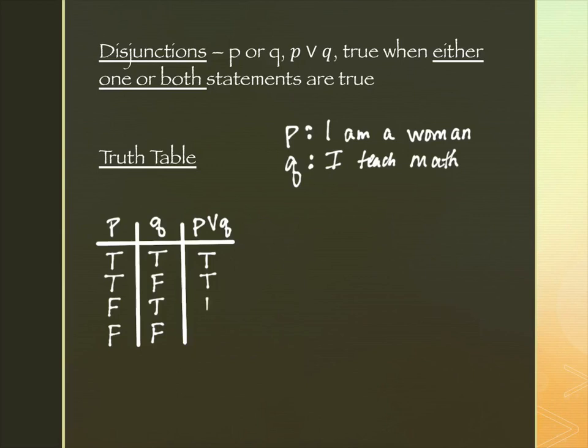But it's a true statement because he does teach math. And if Dr. Thomas walks in and says, I'm a woman or I teach math, it's still false because neither of those statements are true for him. So when we look at an or statement, we get a lot of T's that come out of it, right? At the end. The only one that's not true is the one that has both the falses in there. Otherwise, I've got a true statement.